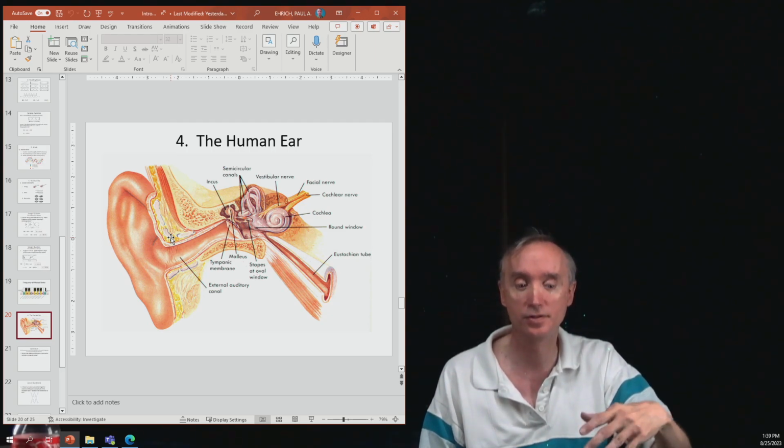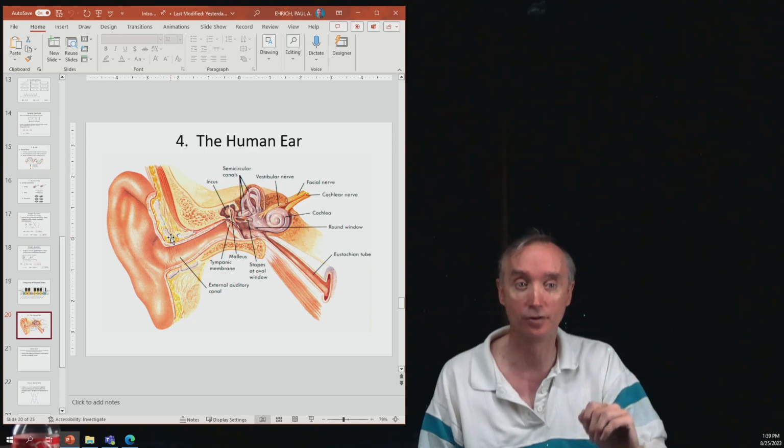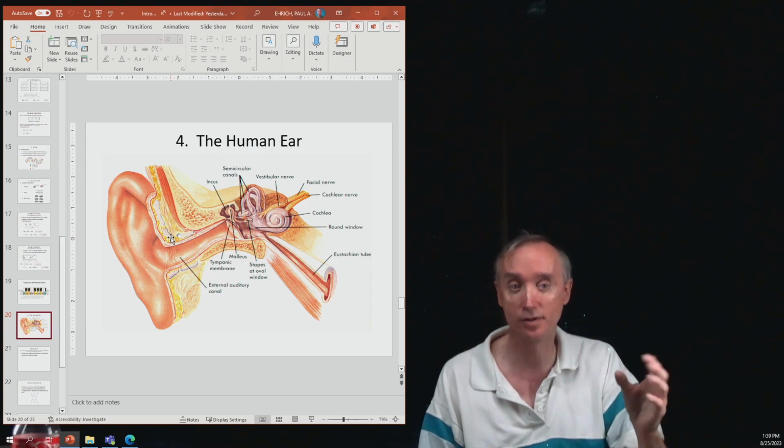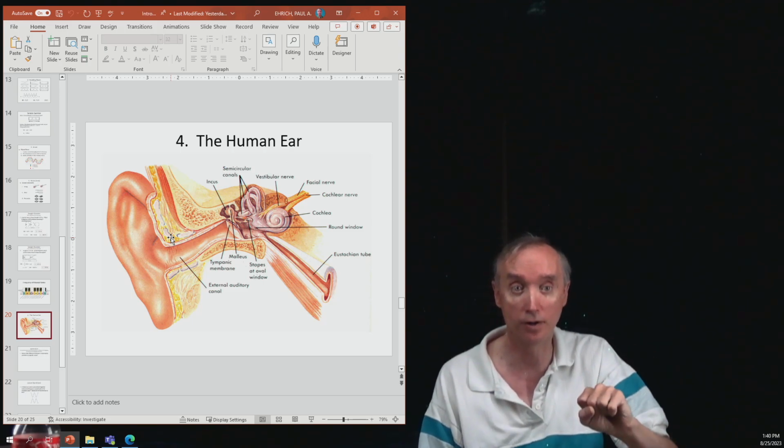One thing is that the bones amplify sound, so they act like little levers. Later in the series of videos, we're going to talk about simple machines. One type of simple machine is the lever, like a crowbar.